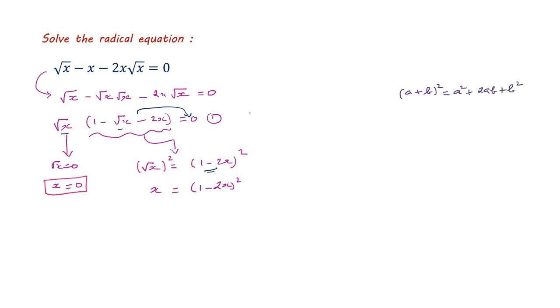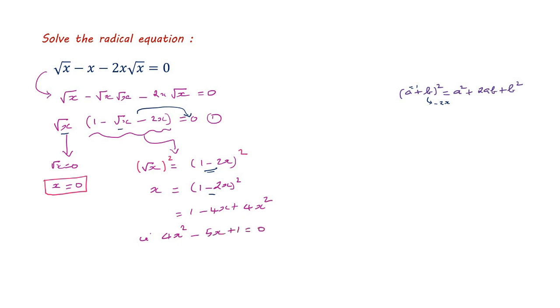Here a is 1 for us, b is minus 2x. So expanding this, you have 1 minus 4x plus 4x squared. On the left you have got x. Again rearrange: 4x squared minus 5x plus 1 is equal to 0, which is a quadratic equation.